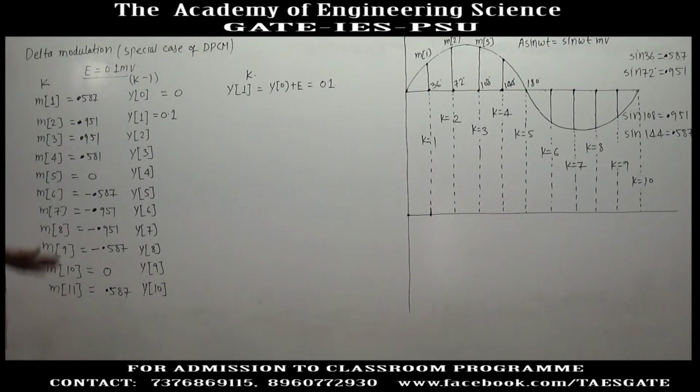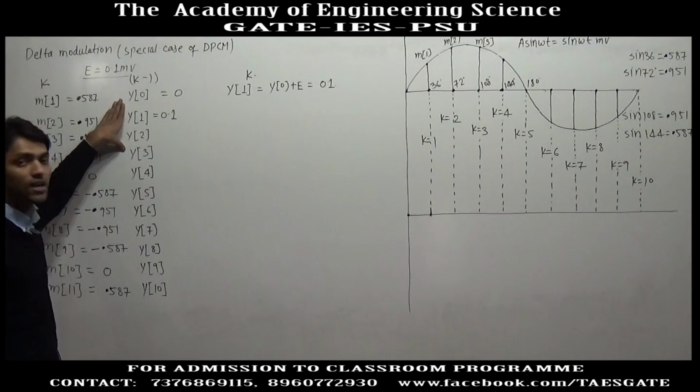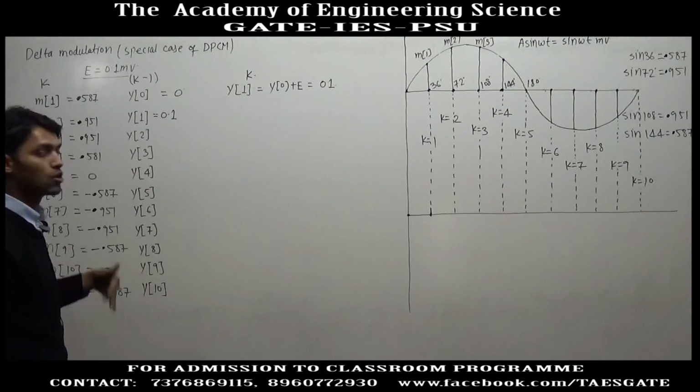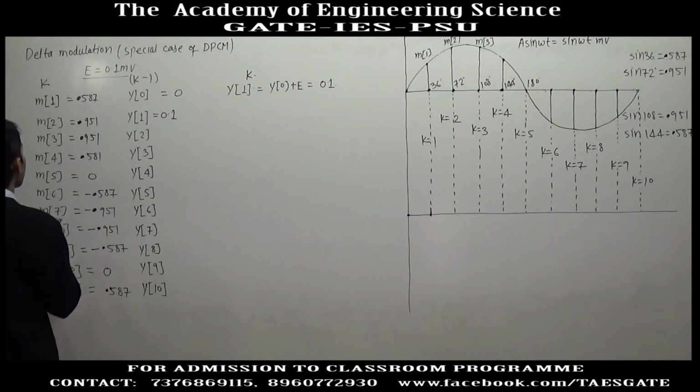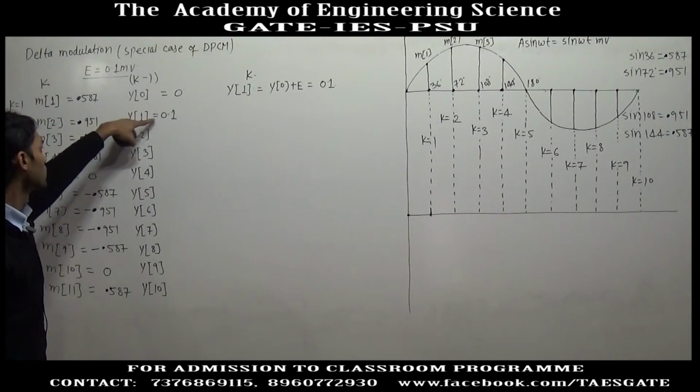Okay. So, I have listed all the values of present input, and we are trying to find all the values of output and previous output. This is k equal to 1, this is k equal to 2, this is k equal to 3. For k equal to 2, the present input is m2 and the previous output is 0.1.